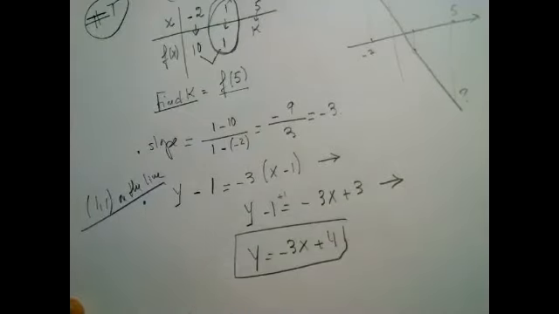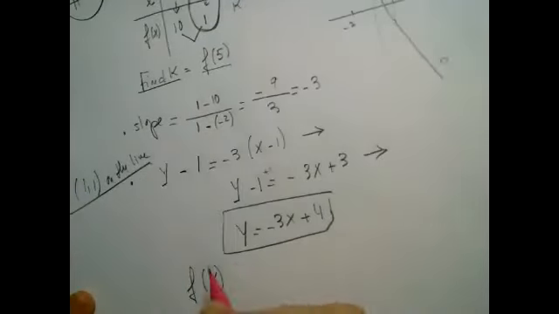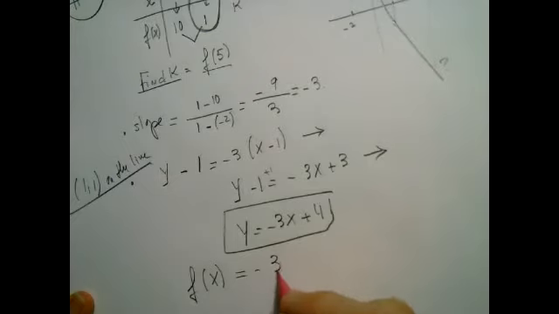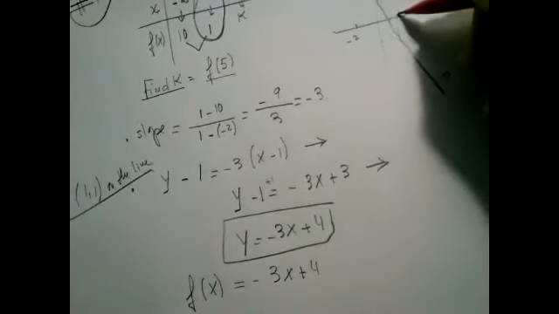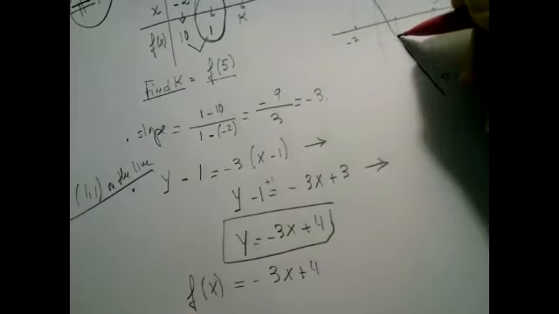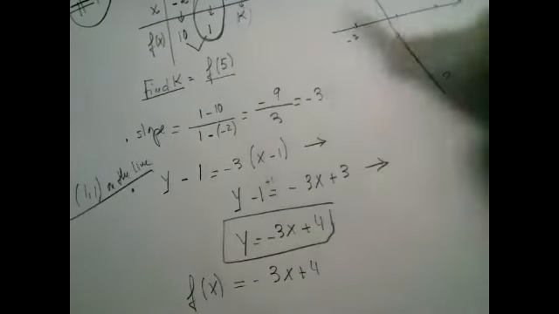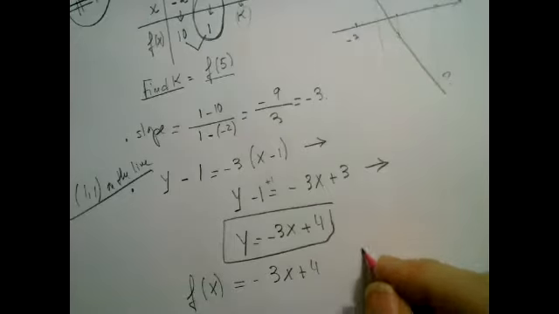So in function notation, for every x my function is given by -3x plus 4. No matter what x is, that's my output. Now they want k, and k is nothing more than f of 5.